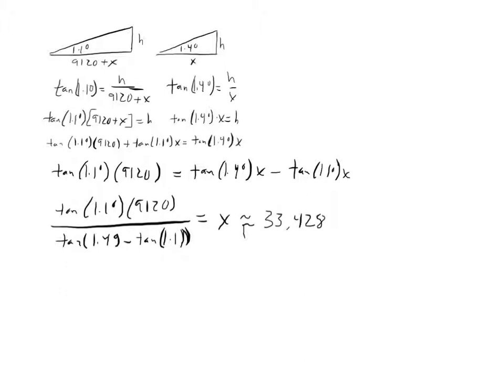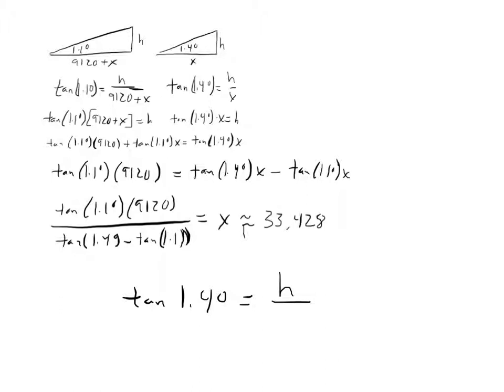Now I go back in, because I want to find H. Probably the easiest place to find H is right there. I've got the tangent of 1.4 degrees equals H over X, and I'm solving for H in one step.